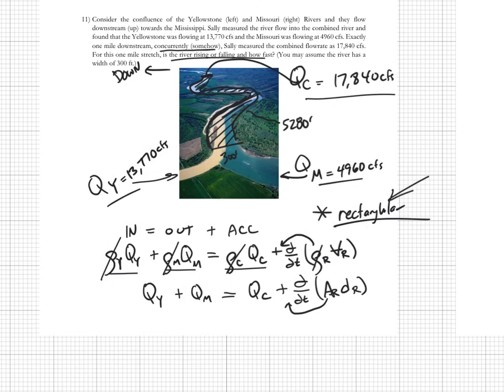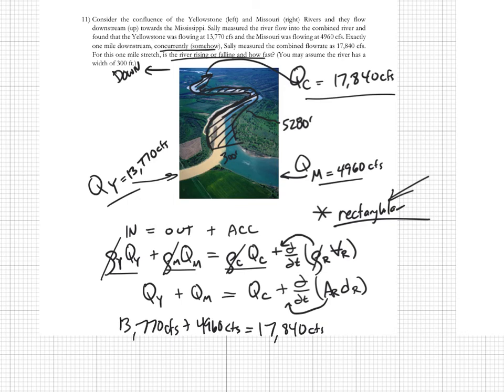Okay, so let's see here. Yellowstone's flowing at 13,770 CFS plus QM 4,960 CFS equals QC. What is QC? 17,840 CFS. Does that mean it's rising or falling?